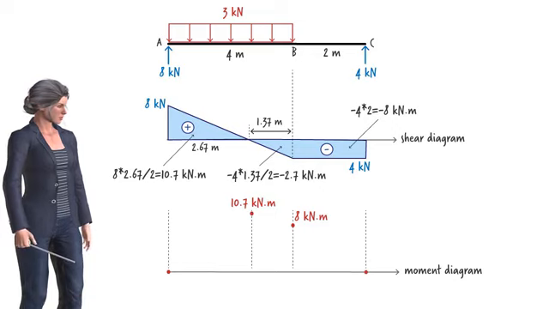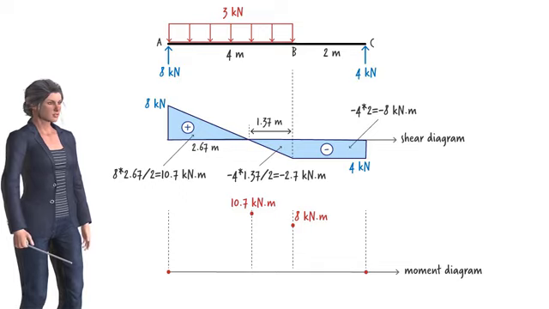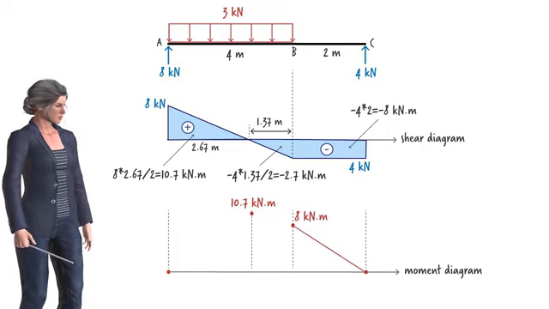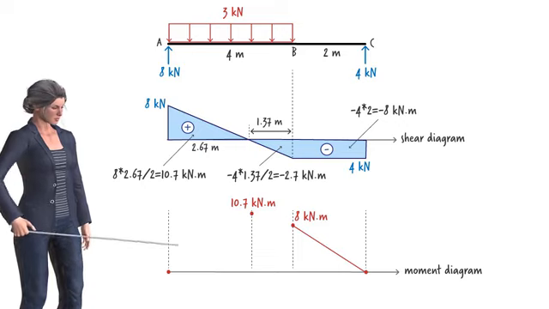Remember that we can determine the shape of the moment diagram in each segment using the shape of the corresponding shear diagram. We know that when shear is constant, moment varies linearly, so the moment diagram takes the shape of an inclined line in segment BC. But what is the shape of the diagram in this segment of the beam?